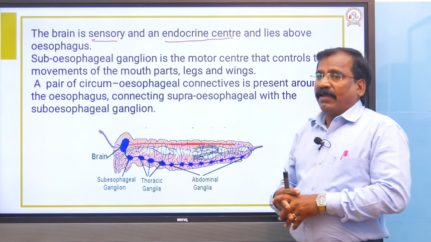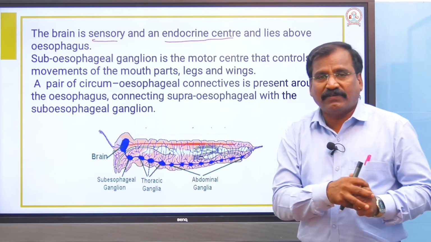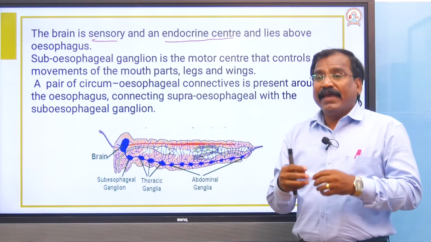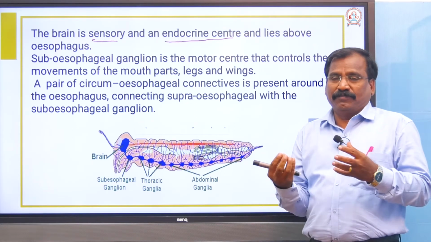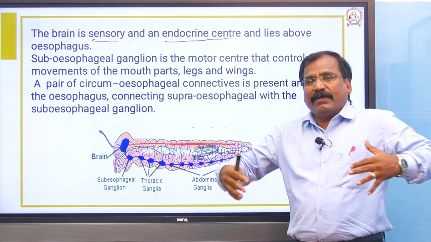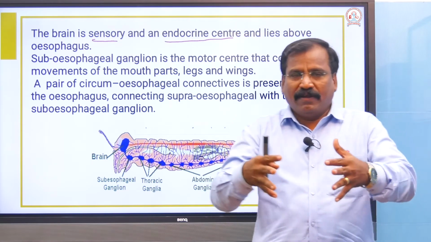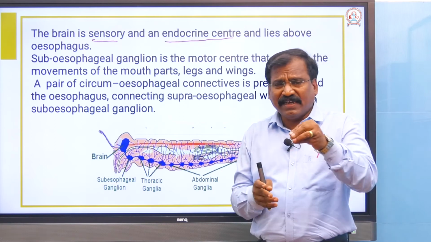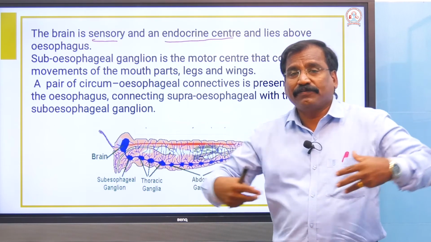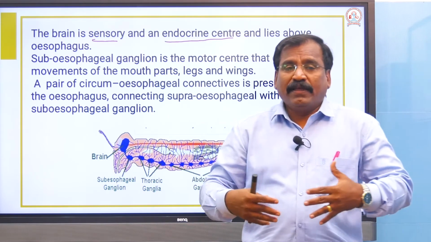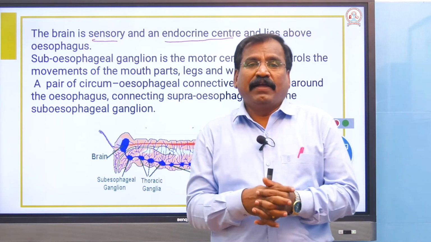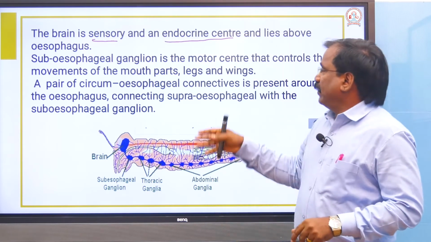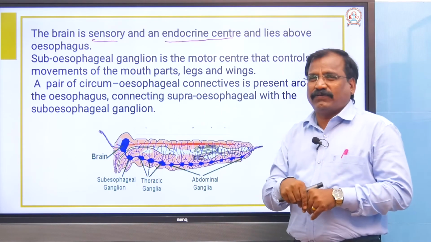The brain produces certain hormones responsible for ecdysis or molting. When the cockroach grows, it sheds its outer covering, the sclerites, just like a snake sheds its skin.